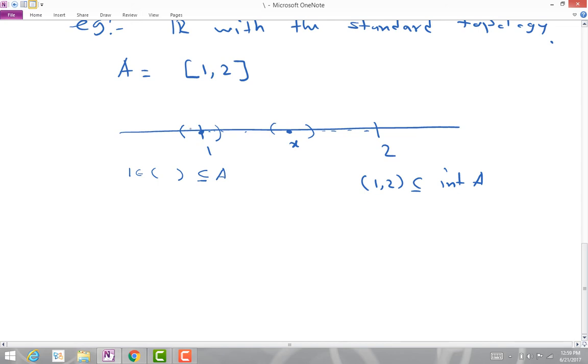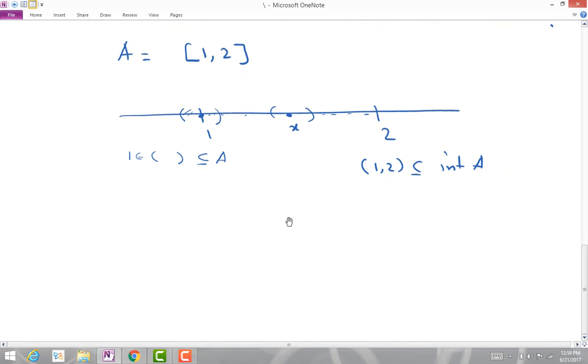And you can see that this will go outside the set. So I cannot take 1 as an interior point. And similarly 2 is not going to be an interior point. So this means the interior of A is going to be the open interval (1, 2).